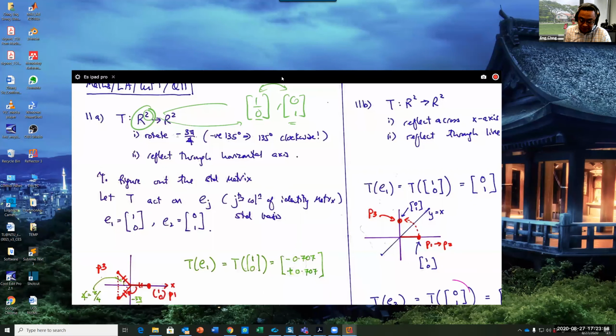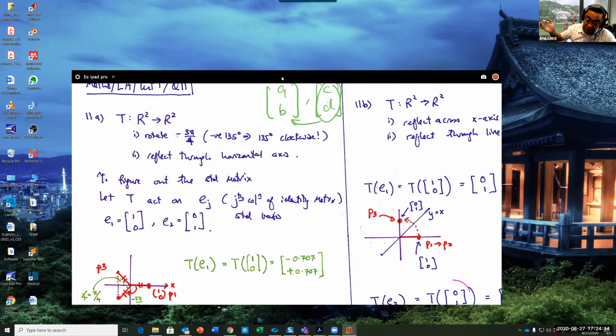Then if you ask, can I choose a basis like this, maybe A, B and then C, D, can you? Well, as long as this vector is not a constant multiple of A, B, you're fine.